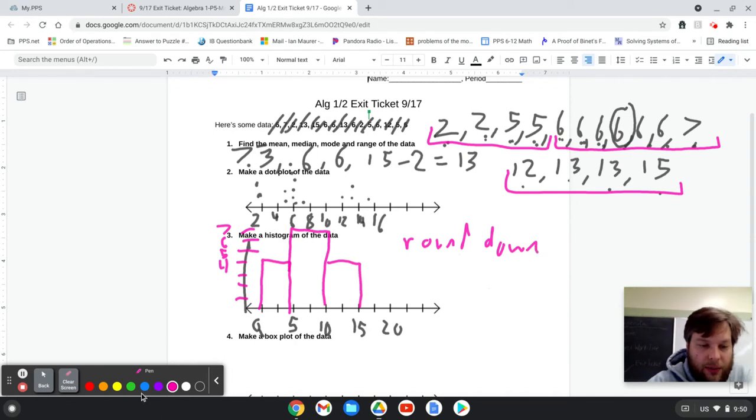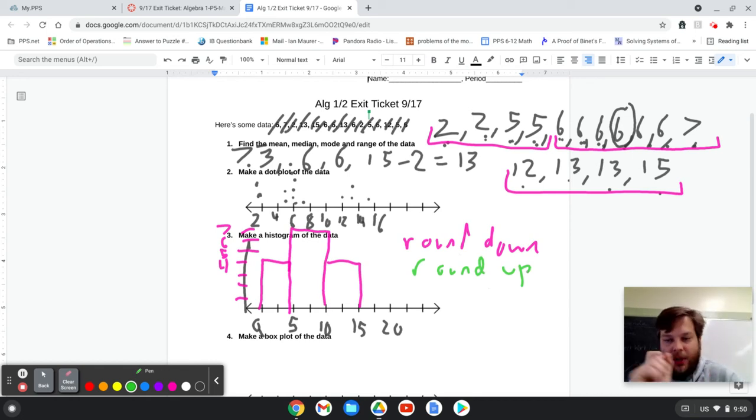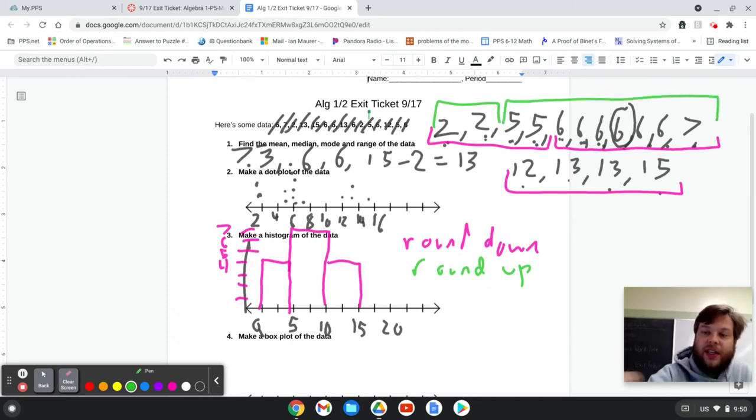The green histogram will be a round up. So I count the same intervals, 0 to 5, but this time I count the 2's are in that interval, and then the 5's are included in the next interval. And these are included in the 10 to 15, and this is in the 15 to 20.